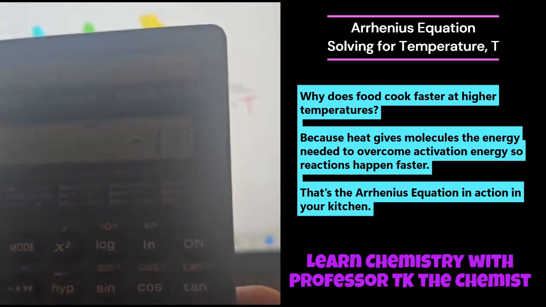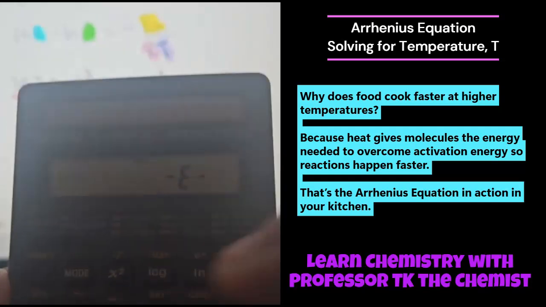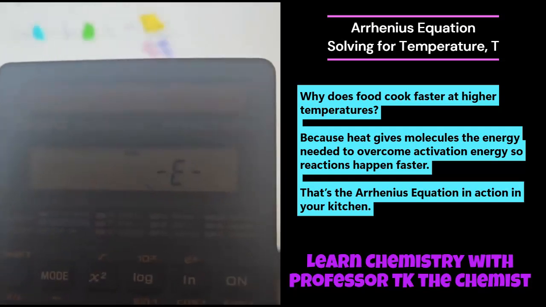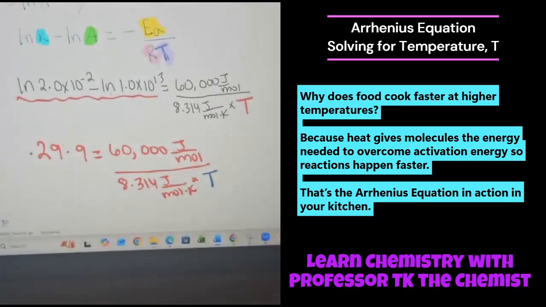I got negative 1 times 10 to the 13th. If you put it in with natural log like that, you will get the error button. So you have to take the negative sign off of that number. So even though it was negative, you take the negative sign off to get the actual number, okay, to get the natural log of that number.